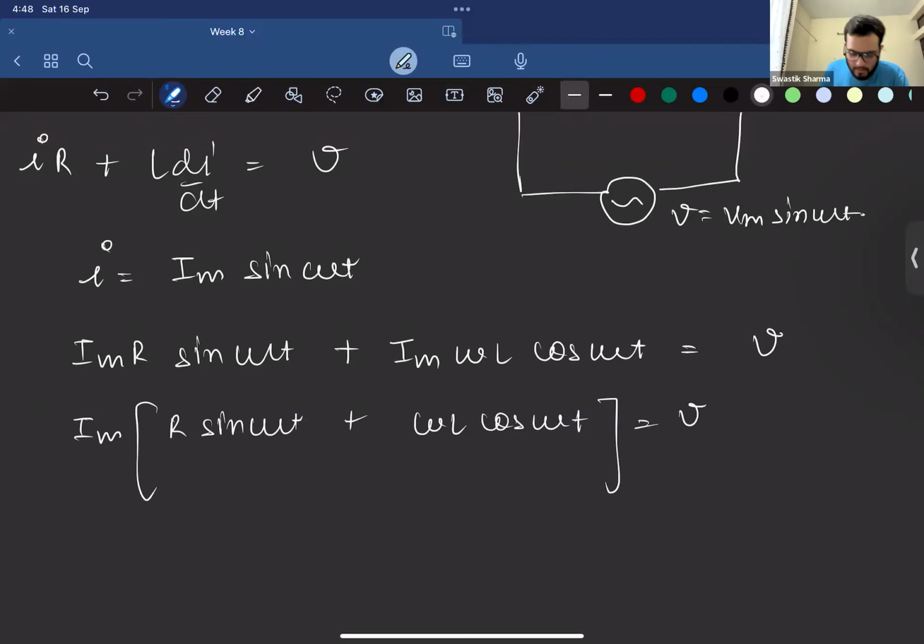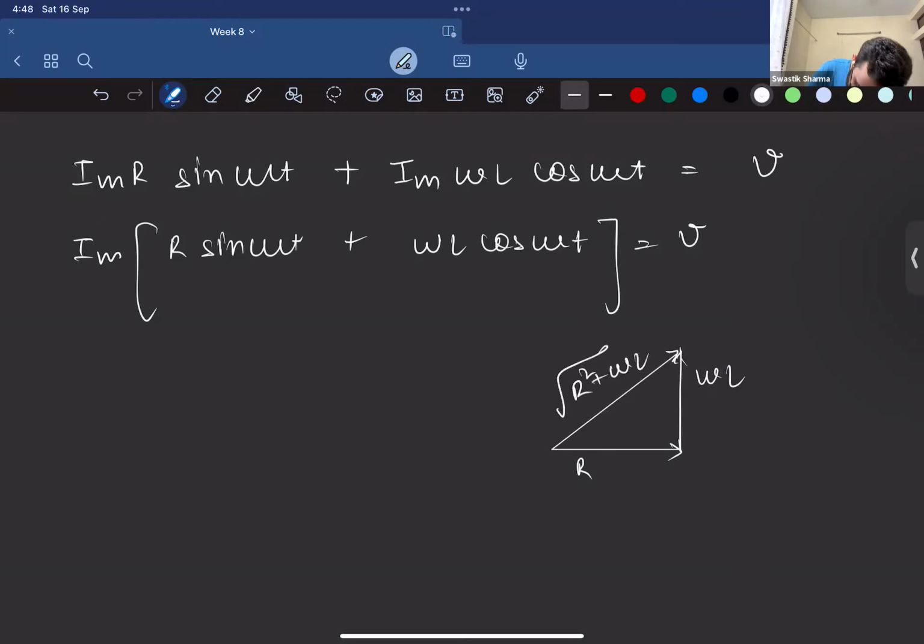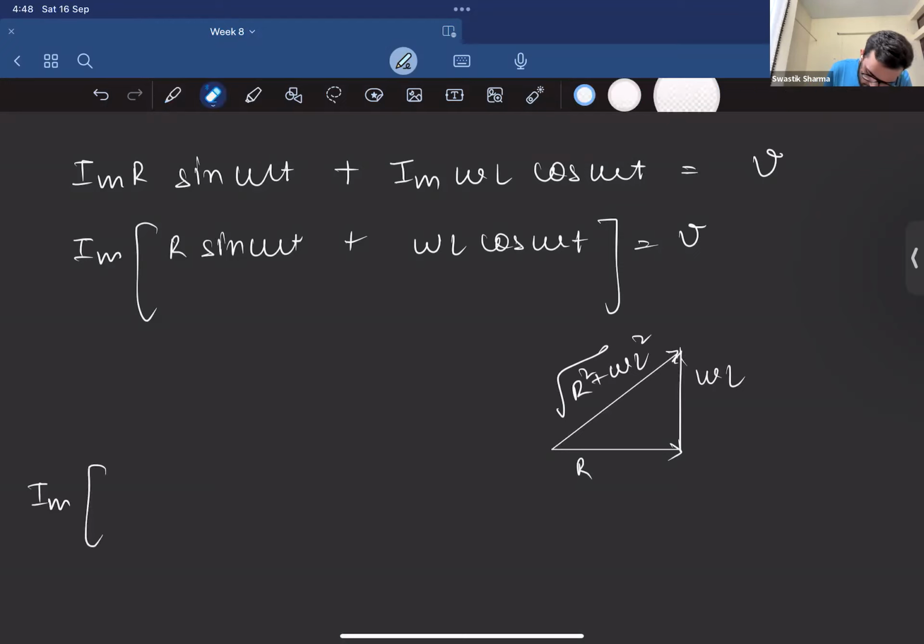That's how you'll write this equation. Let's try to convert it into a single equation. We know that this is R and this is omega L, so the hypotenuse is going to be the square root of R square plus omega L square. So dividing both sides by the square root of R square plus omega L square.